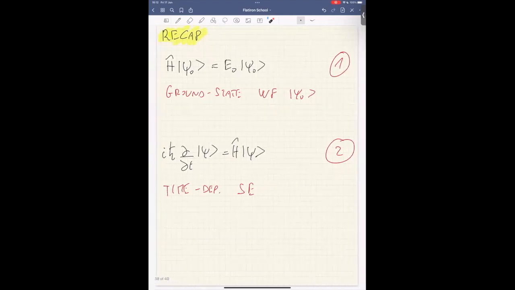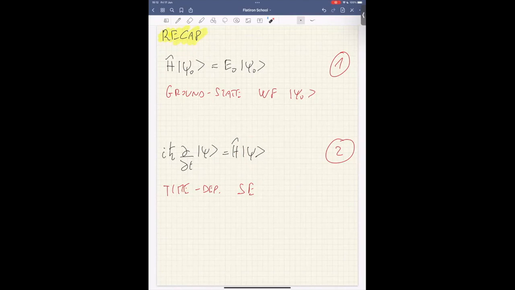So indeed, these are two complementary aspects. The reason I was saying that one stems from two is because you can solve two by diagonalizing H and writing equation 2 in terms of the eigenstates of the Hamiltonian, and then you have an algebraic equation in terms of the coefficients of this expansion, and this will depend on time.